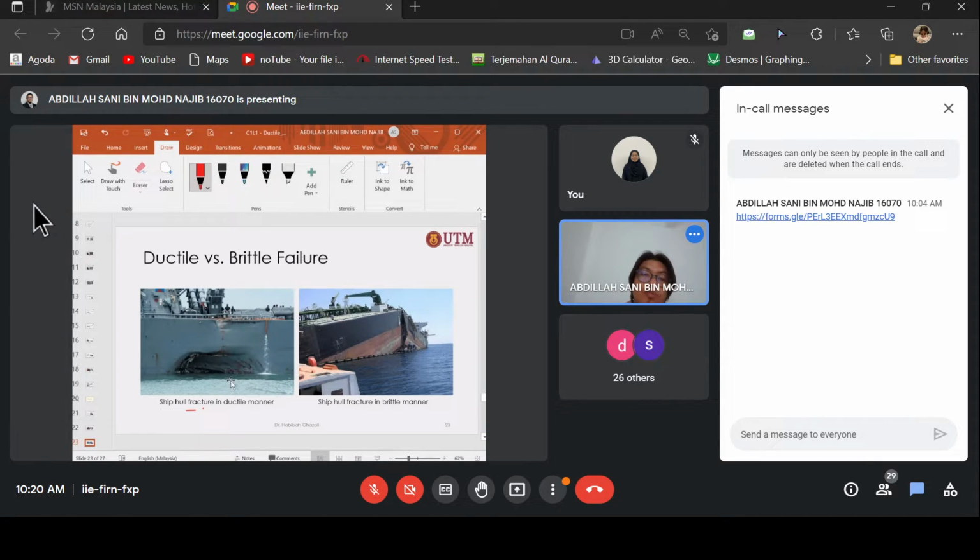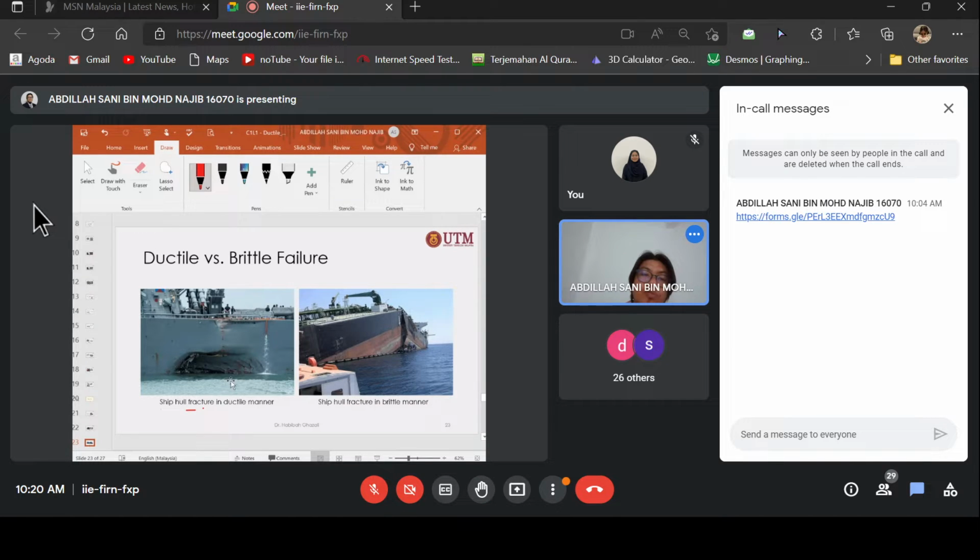That's the first thing. And the second thing I want you to remember is the characteristics of ductile versus brittle fracture. That's the second thing that you need to remember.